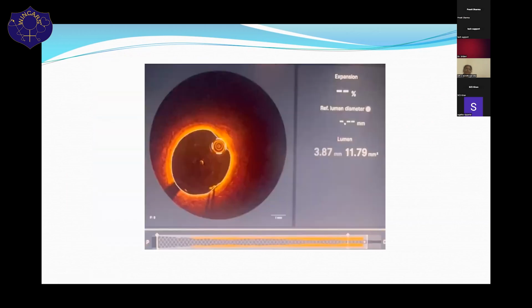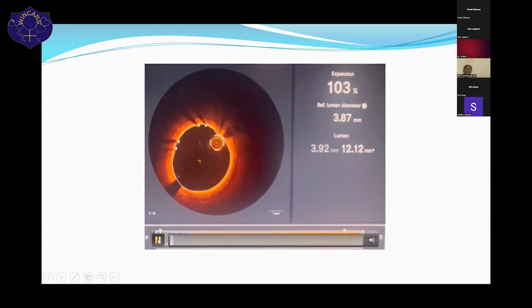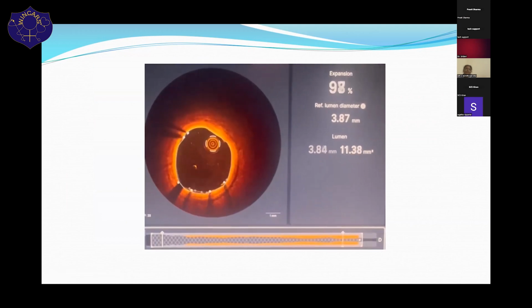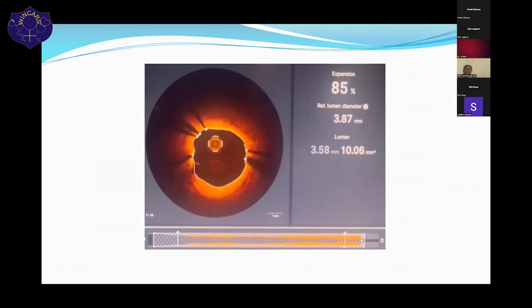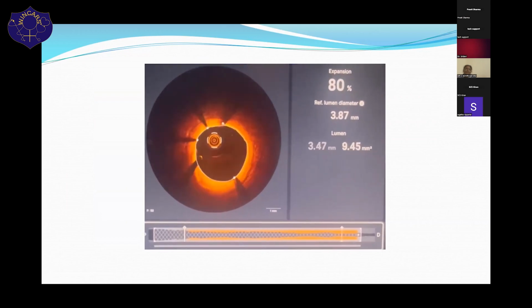This is the OCT run after stenting. There were some areas of stent under expansion.